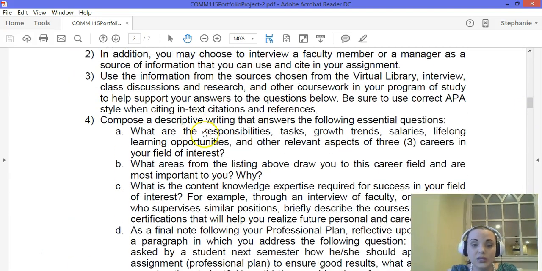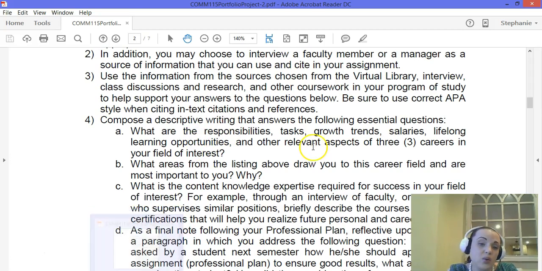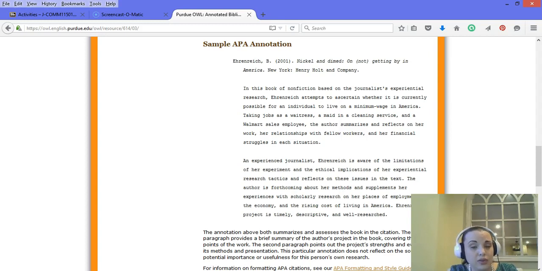So like I said, you want to research the responsibilities of these 3 careers you're talking about, the tasks, the growth trends, the salaries, lifelong learning opportunities, and so forth. Okay, so we can't just say that we know this stuff. We have to research it, and when we find research we want to use in the paper for those things, first we're going to create a reference for that piece of research.